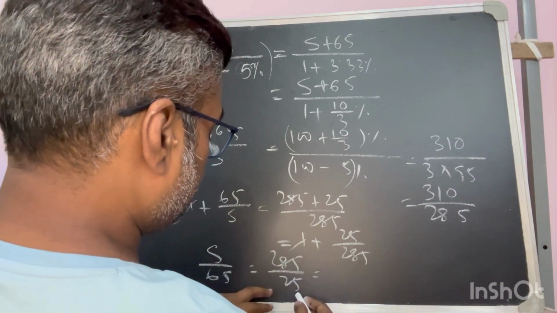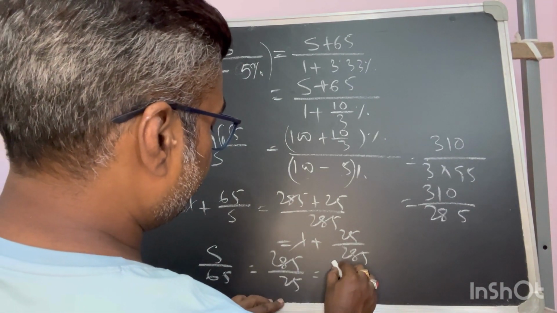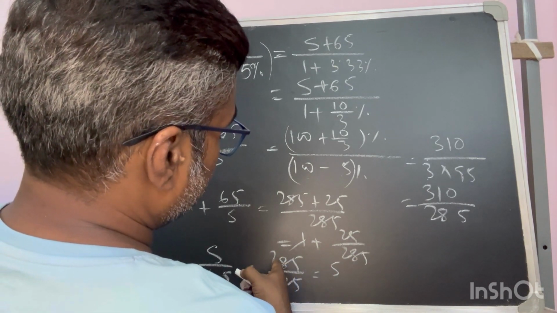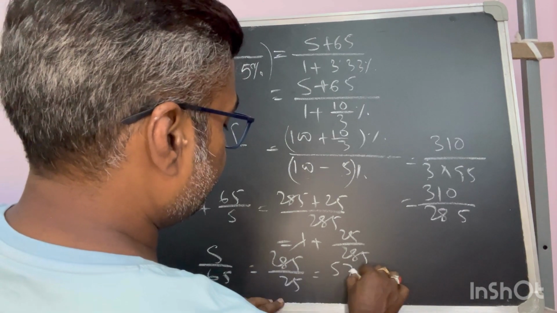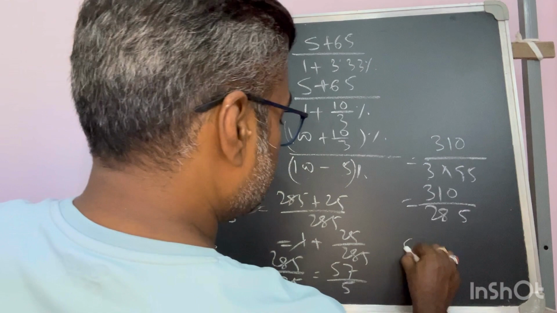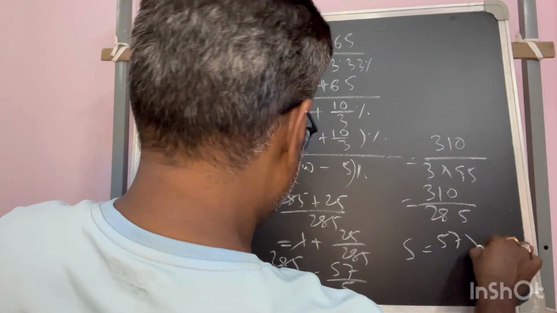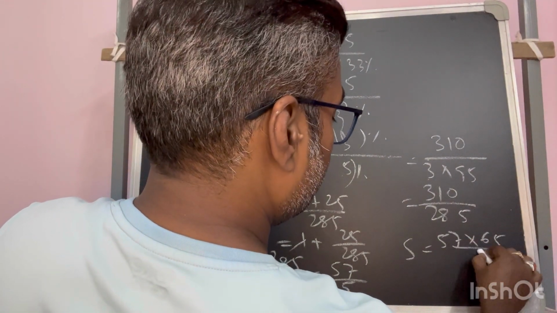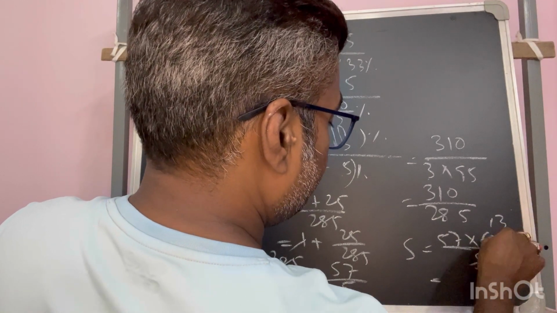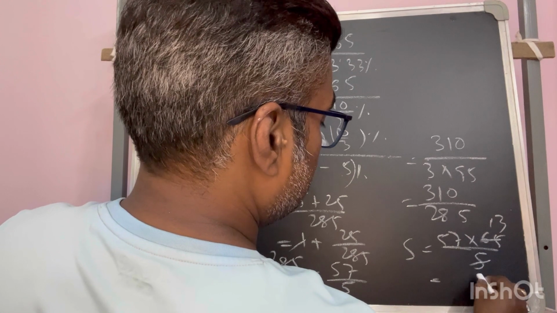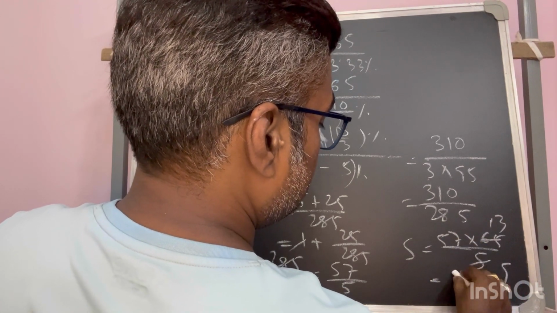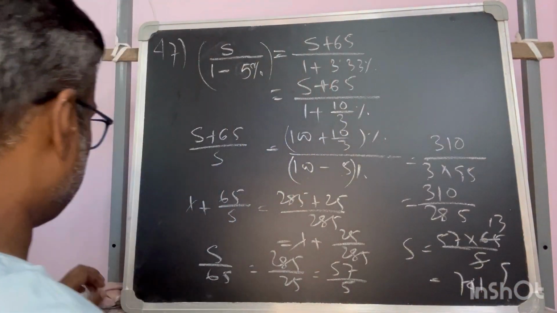Further reducing with 5, 5 5s are 25, 3 5s are 15, and there it is 5. So ultimately s will become 57 into 65 upon 5. Further I will reduce it. So 57 into 13, that is equal to 741. So this is in round figure that I am getting.